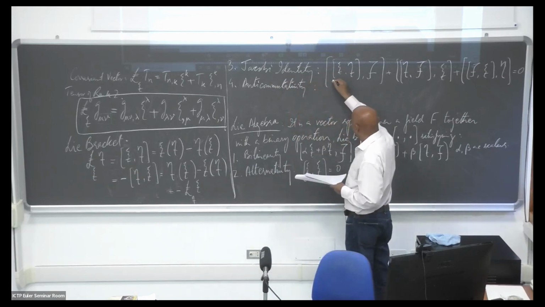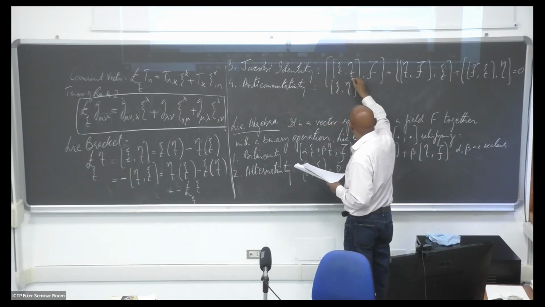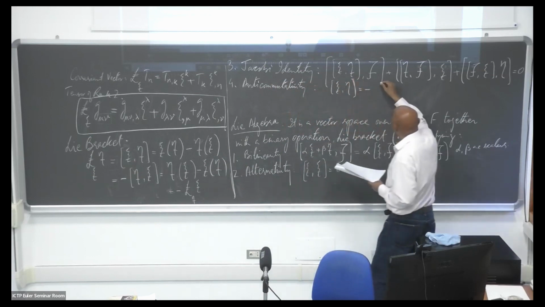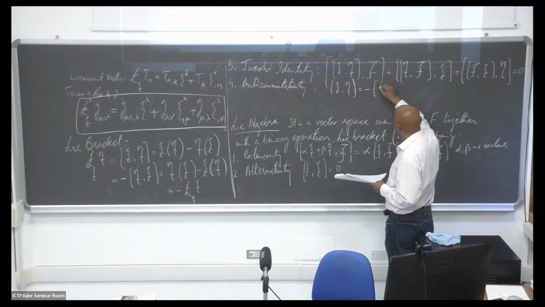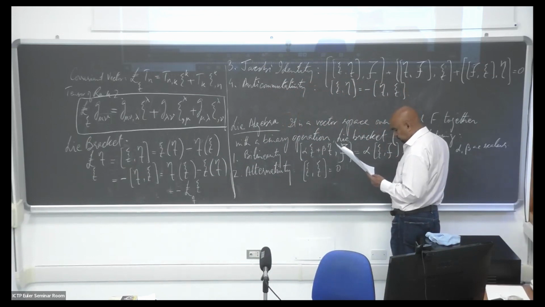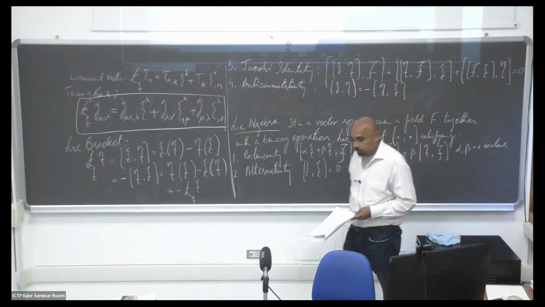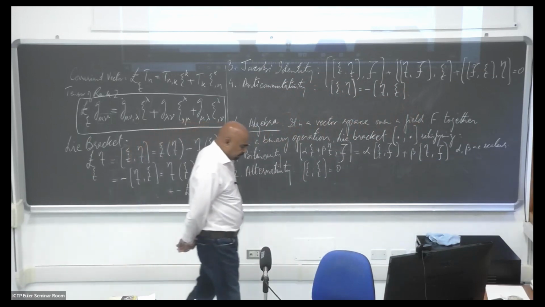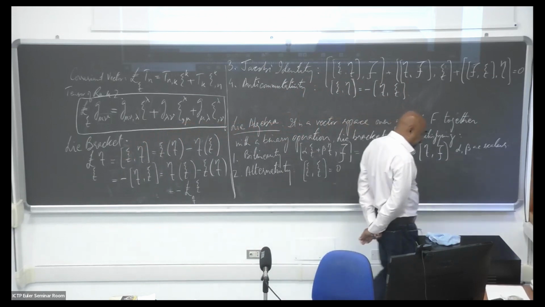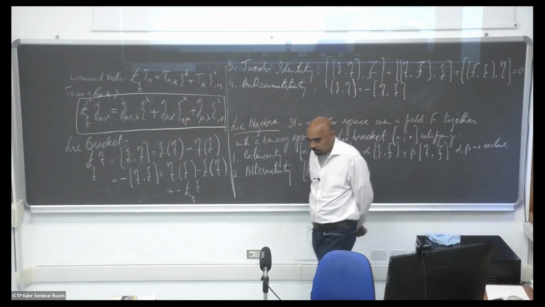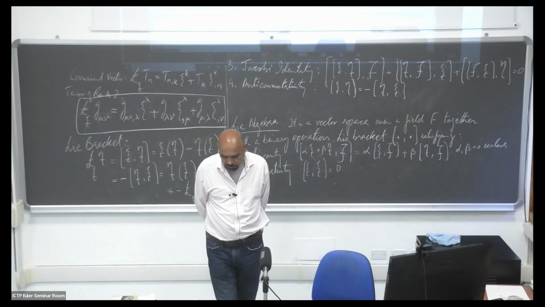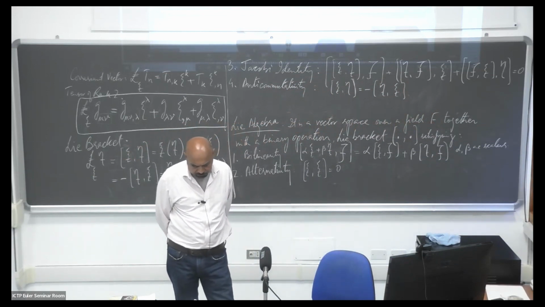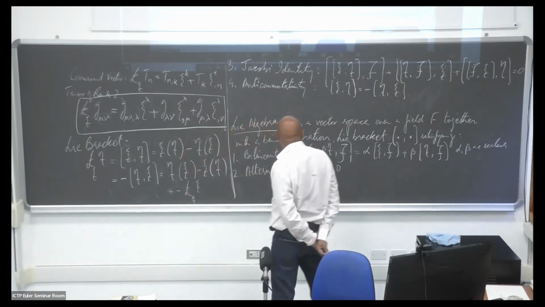Anti-commutativity means that xi applied on eta is equal to minus eta applied on xi. So these are the four conditions when they satisfy this vector space. Remember that this is a vector space. This is called a Lie algebra. And if it's a vector space, its dimension is actually the dimension of the Lie algebra.